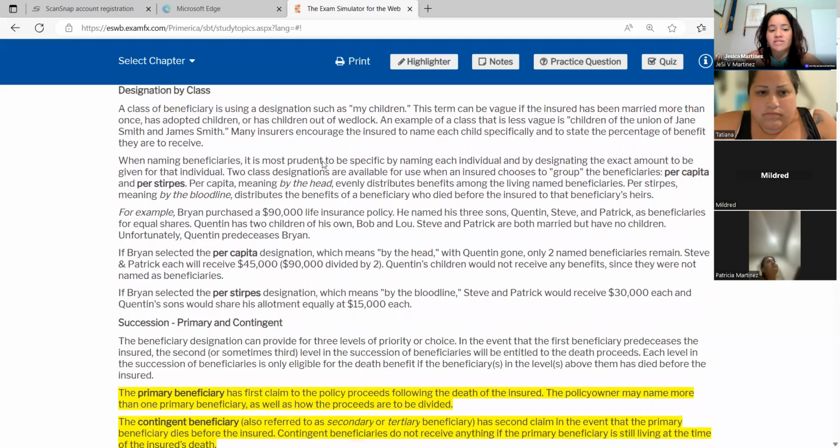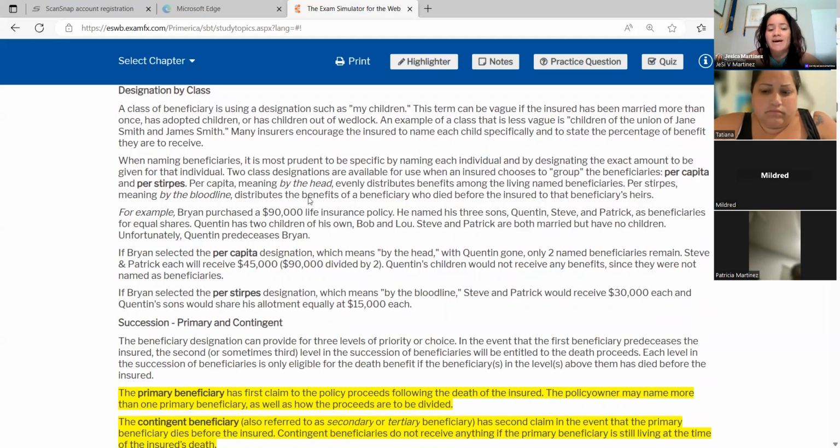When naming beneficiaries, it is most prudent to be specific by name, individual, and by designating the exact amount to be given to each of them. Two class designations are available for use when an insured chooses to group the beneficiaries: per capita or per stirpes.